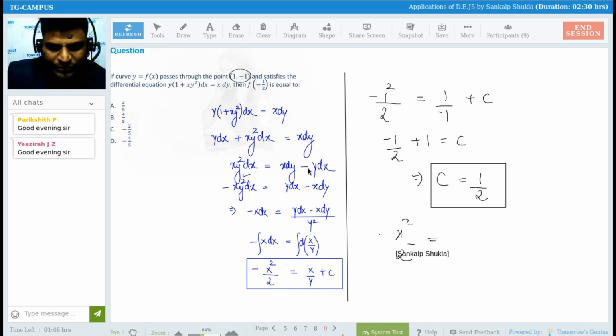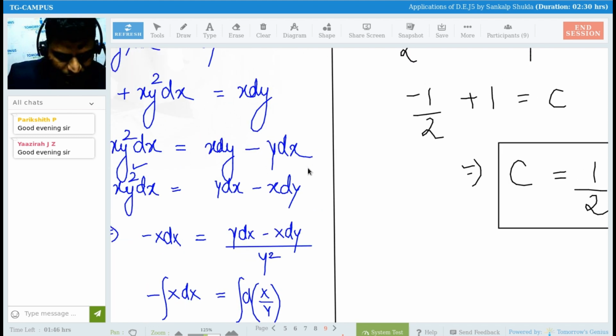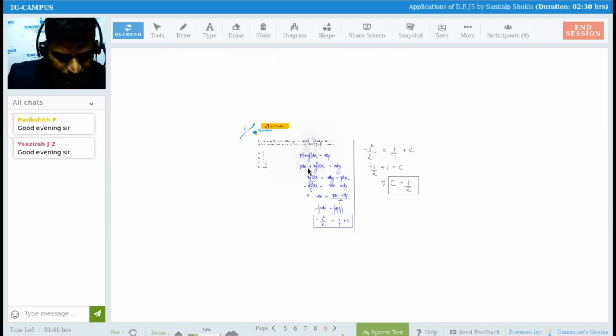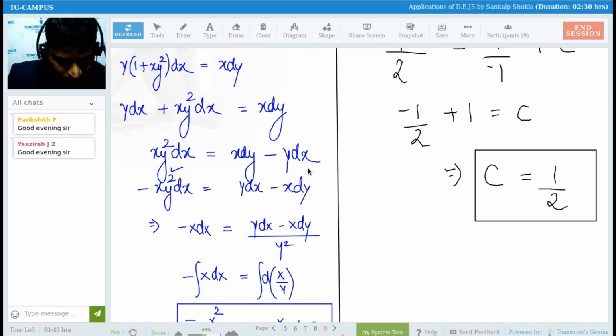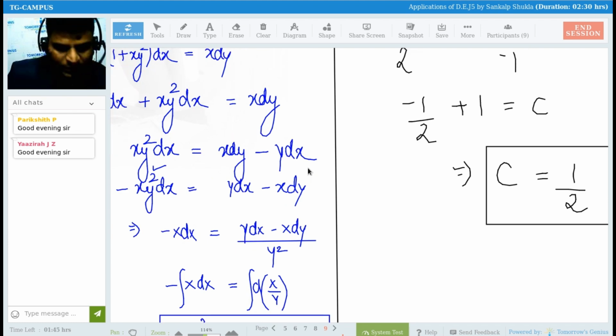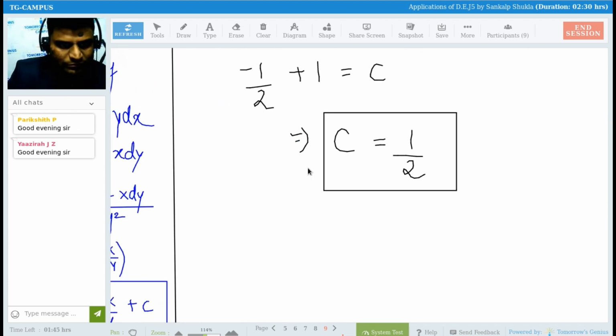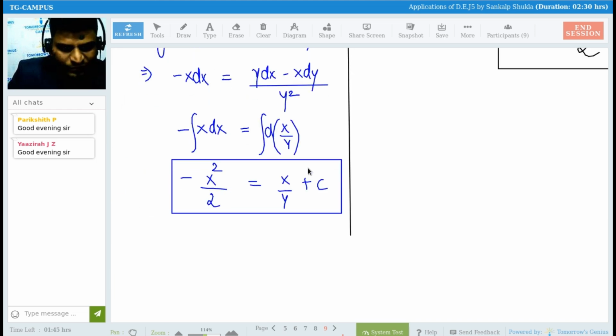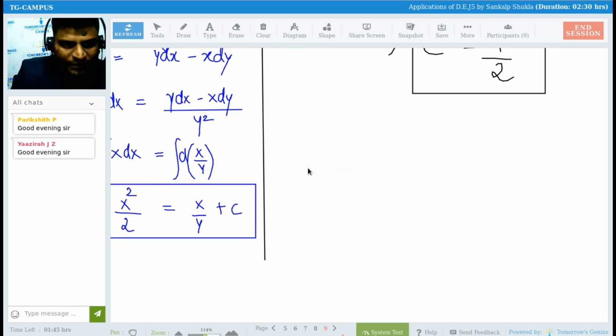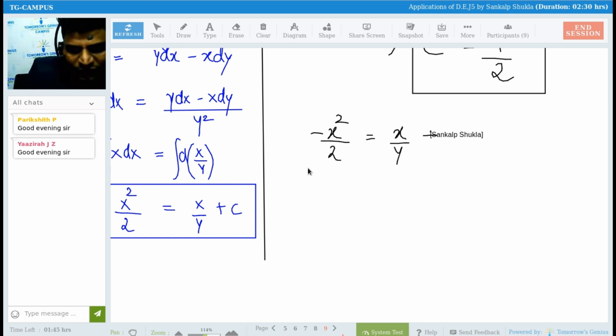Yeah, we were writing the final differential equation. Again, zoom it to 100%. Minus x square by 2 is equal to x by y plus 1 by 2. This is the differential equation.